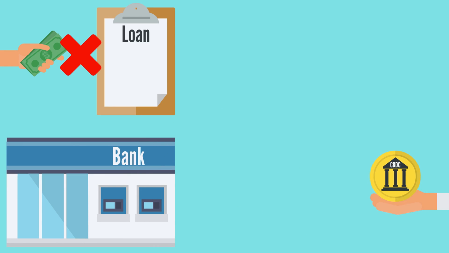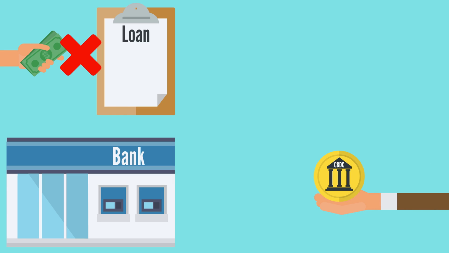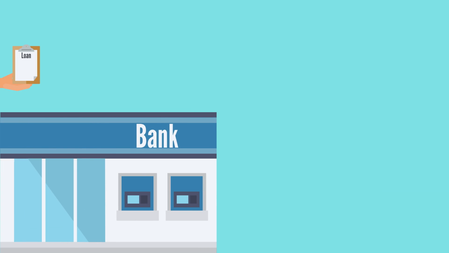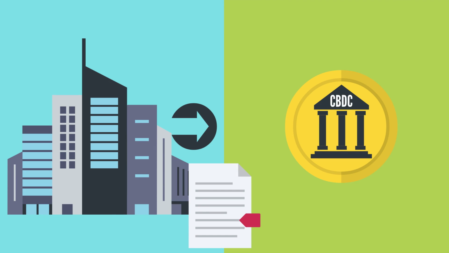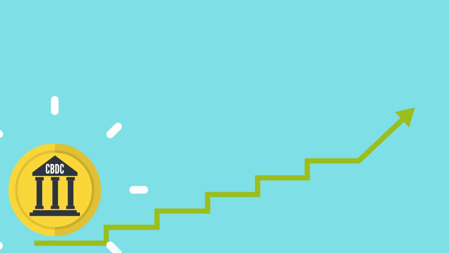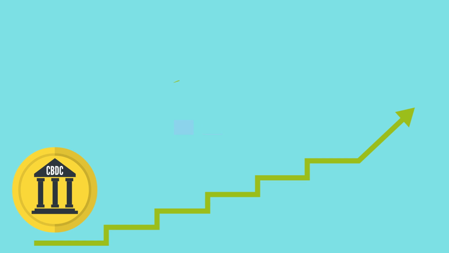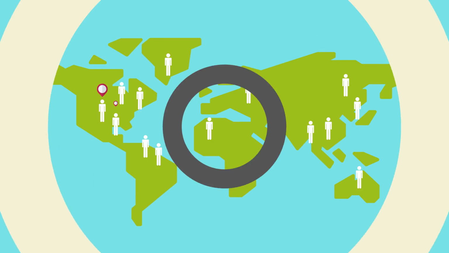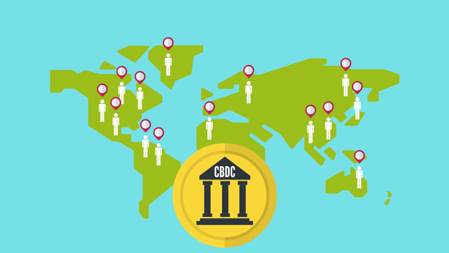If CBDCs quickly take the place of bank deposits, banks may be less willing to make loans, which could cause instability in the financial system. The report claims that the transition's repercussions would be controllable, provided it proceeds gradually and gives banks ample time to adapt. Although slowing down the pace of CBDC adoption is important for maintaining financial stability, this does not mean that CBDCs shouldn't be embraced and utilized widely.